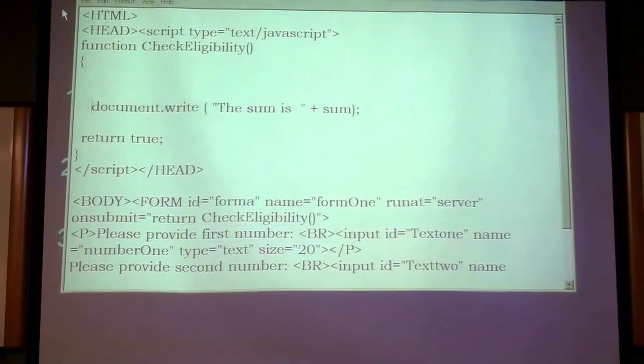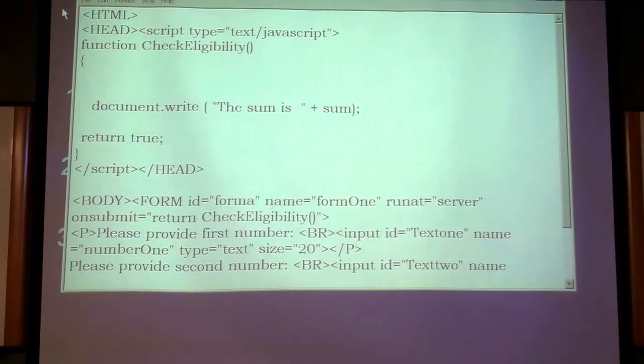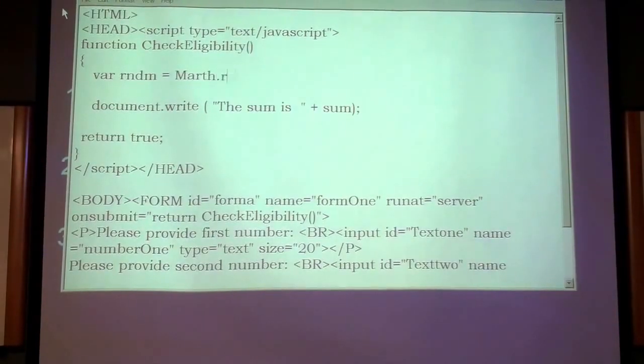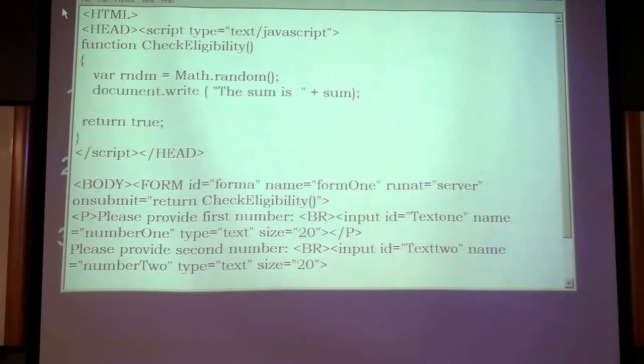Say I generate a random number, and after that I have to multiply this and round it.